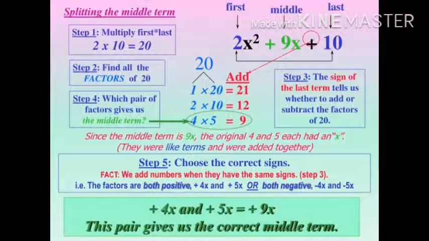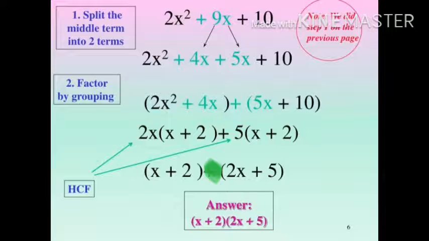So it is plus 4x and plus 5x, which is equal to plus 9x. Now the split of the middle term 9x becomes plus 4x plus 5x. Now our expression is 2x square plus 9x plus 10. We have to write 2x square plus 4x plus 5x plus 10.